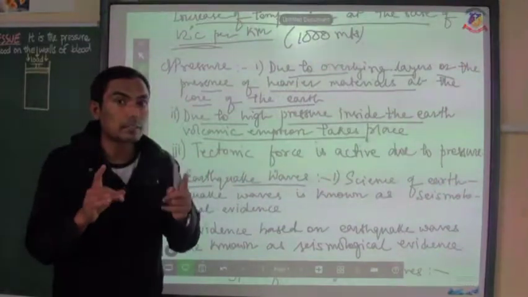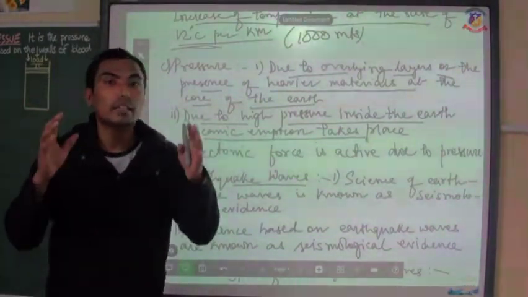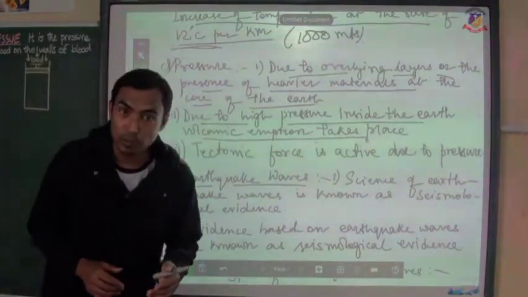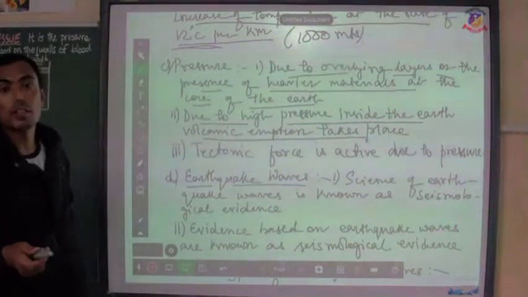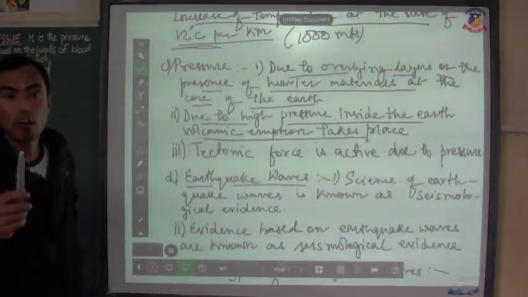Because if the excess pressure is found within the pressure cooker, it explodes, resulting in the destruction of life and property. So because of that, volcanic eruption is also referred to as the safety valve of the earth.